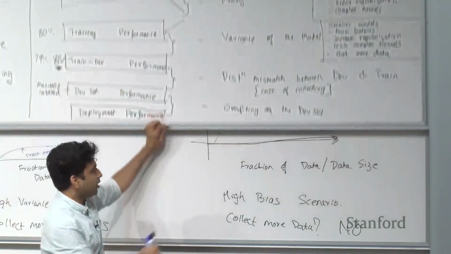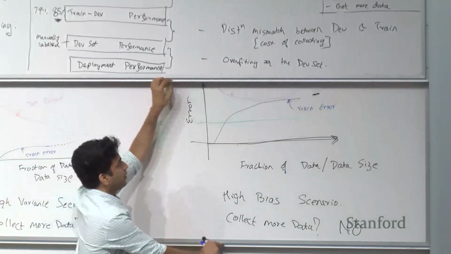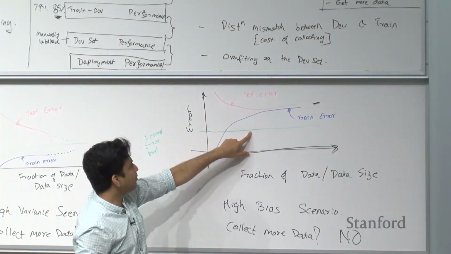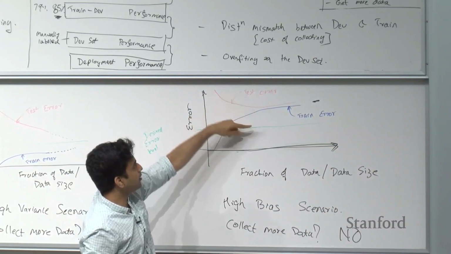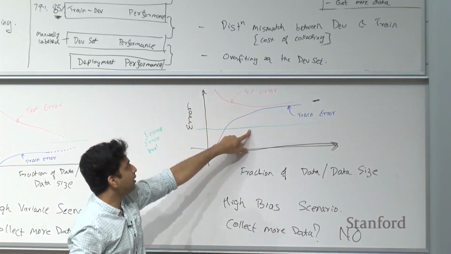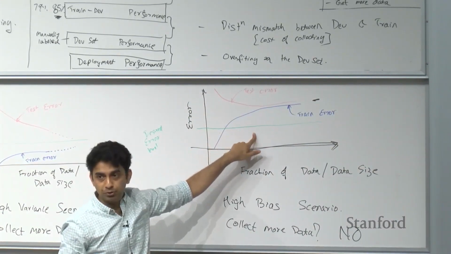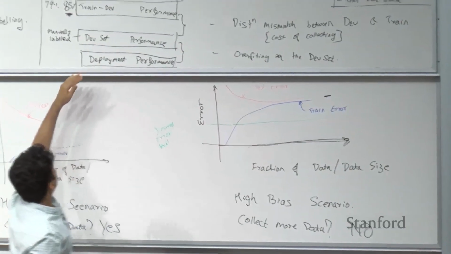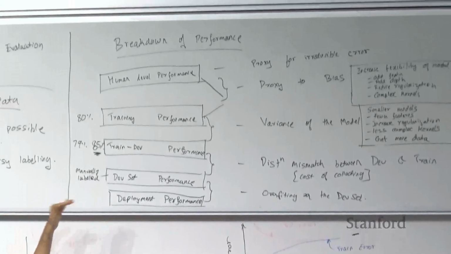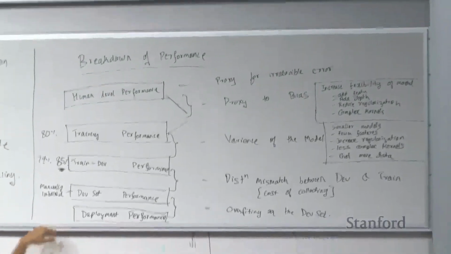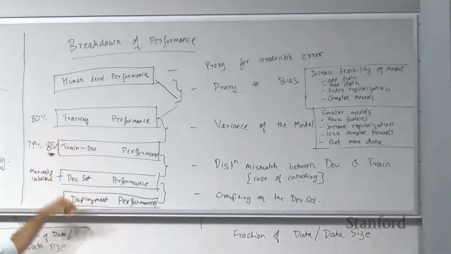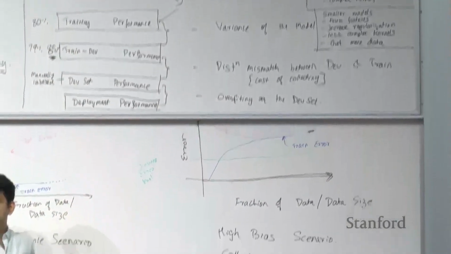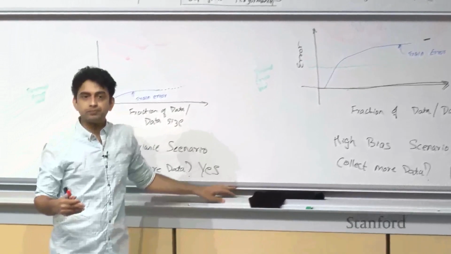And if you are in a scenario like this, where your test set performance was lower than the training performance, which means the test set error was higher than the desired level of error, then collecting more data is not going to help you, right? And therefore, looking at the train error, looking at basically the breakdown of the performance at all these metrics is extremely crucial to decide what the next action that you're going to take is going to be.